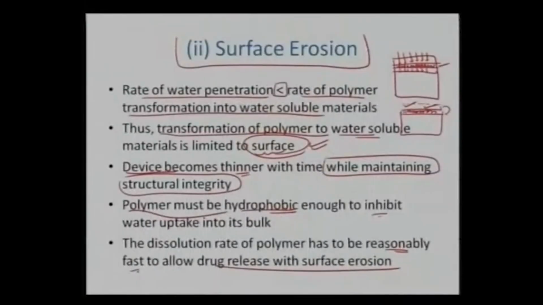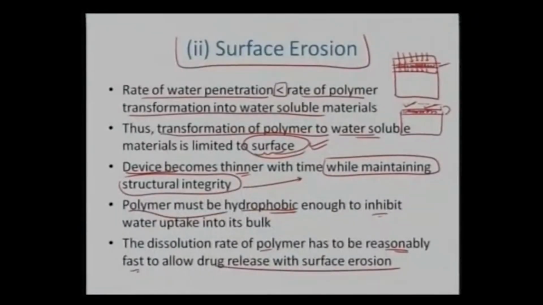And in the process, the material maintains its structural integrity, and for this kind of surface erosion, the polymer has to be very hydrophobic to inhibit any water uptake into the bulk. At the same time, the dissolution rate of the polymer has to be controlled, or it has to be reasonably fast so that the drugs can be released in a timely fashion. So that is the overall picture with surface erosion.